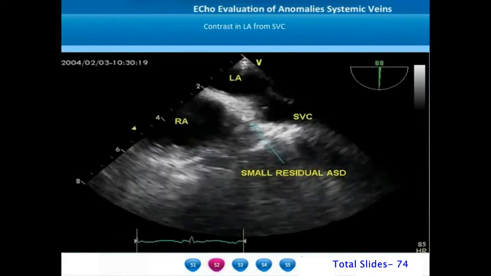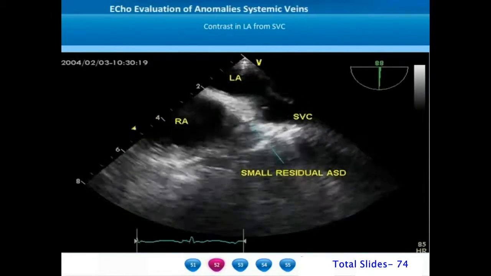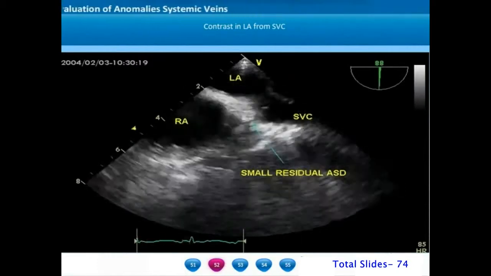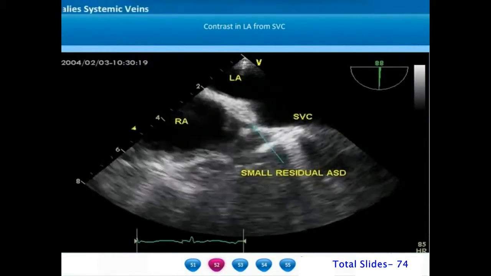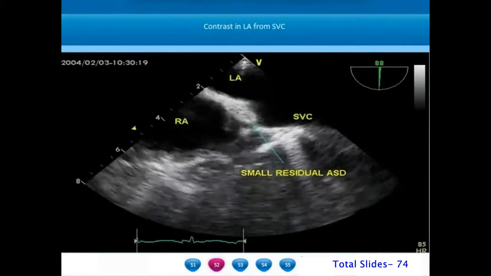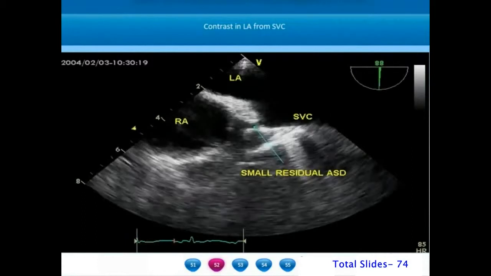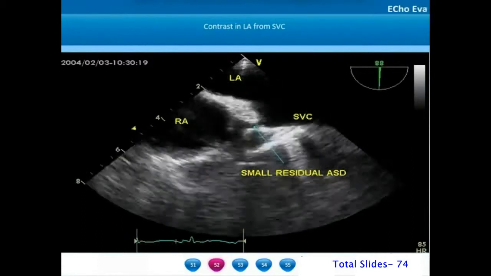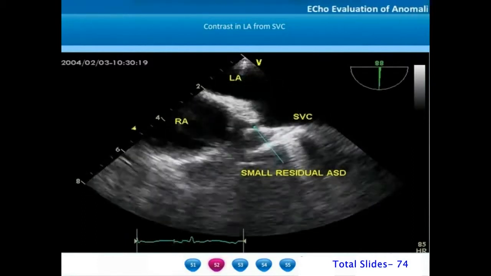On an agitated saline injection through the cubital vein, we can notice the flow of the blood through the superior vena cava, which drains into the left atrium, posterior to the plane of the atrial septum on this transesophageal long axis view.